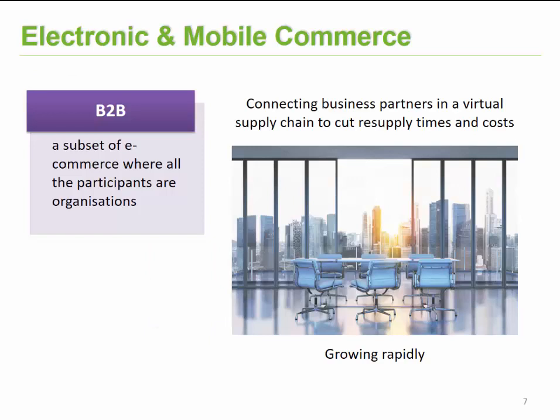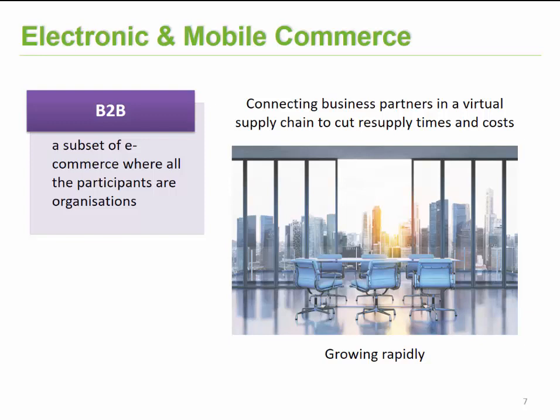Business to business can be defined as a subset of e-commerce where all the participants are organizations. Now, in the first topic that we discussed, we talked about the introduction of information systems in organizations, and in one of the sections we talked about the supply chain and the value chain. So what do companies need to do in order to ensure that they add value to their products and services?